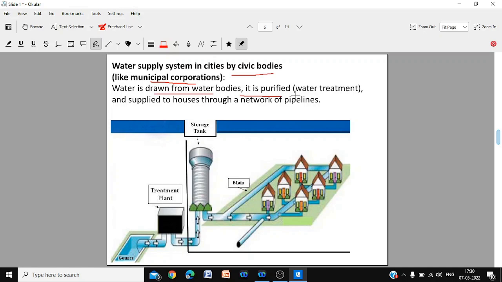They use the machine called water treatment plant and then supply it to the houses through a network of pipelines. There is a reservoir from which water is drawn. In the water treatment plant, it is purified and then stored, and from here with the help of pumps it reaches every house, through the network of pipes reaching every house.